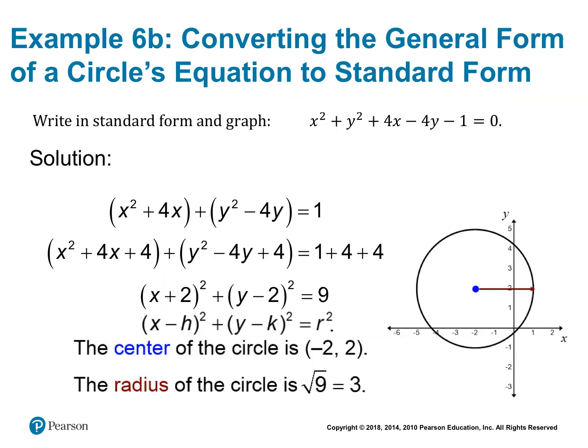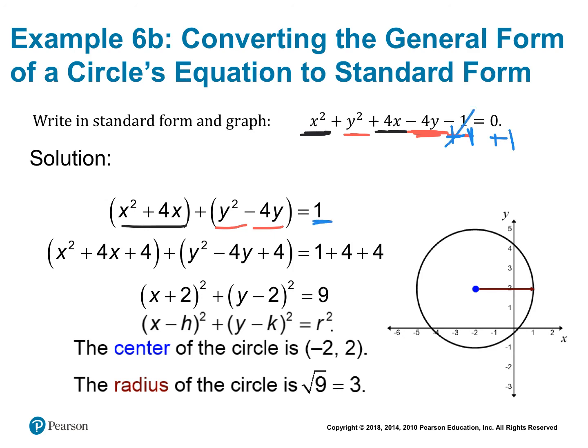Okay, final slide here, just looking at another one that's already written out for you. So they started by putting the x's together here, then the y's together. Oops, sorry. And then they added the 1 over to the other side.